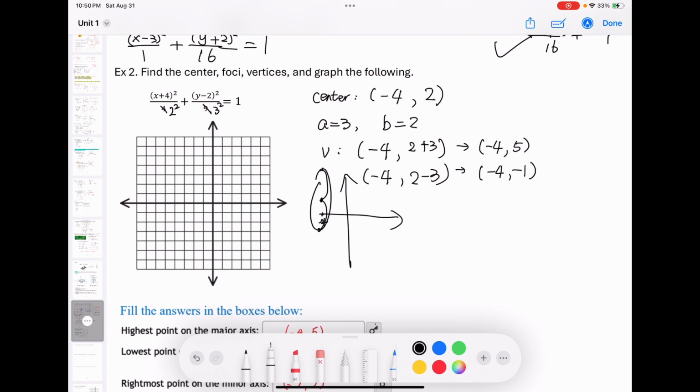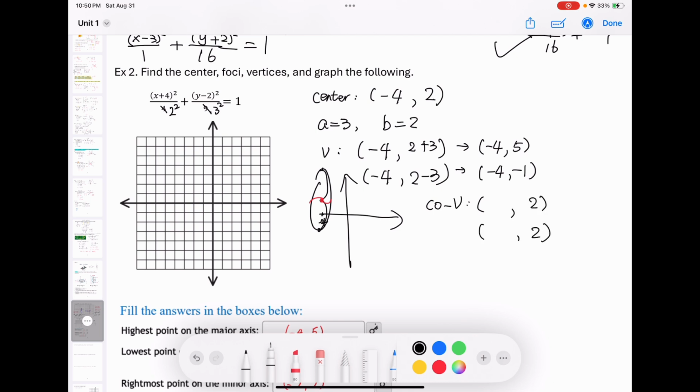And what are the co-vertices? So based on my center, I'm moving to the left, to the right, b units, or we say 2 units. So they have the same y value. We can copy the y first from the center. So comma 2, and another one is also comma 2.